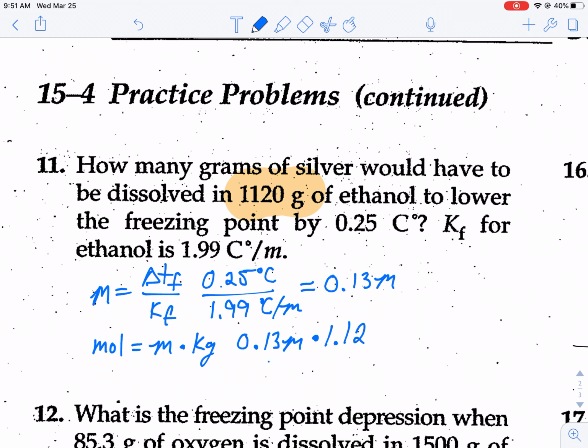Now remember, it's in grams in the question, so I divide it by 1,000 to get my kilograms, and that ends up giving me 0.15 moles of Ag.